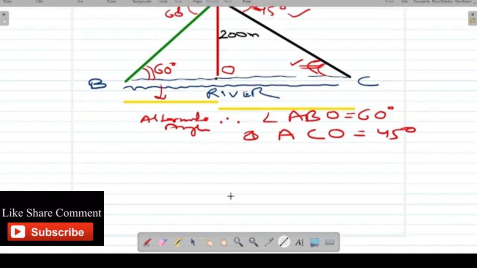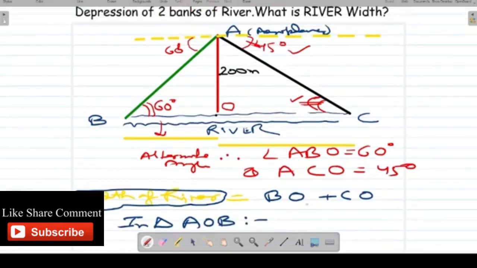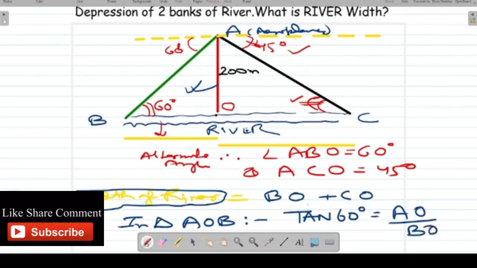First of all, we need to write what the width of the river is. The width of the river is equal to BO plus CO. And we know that in triangle AOB, which is a right angle triangle, where A is the upper part, tan of 60 degree equals AO by BO.